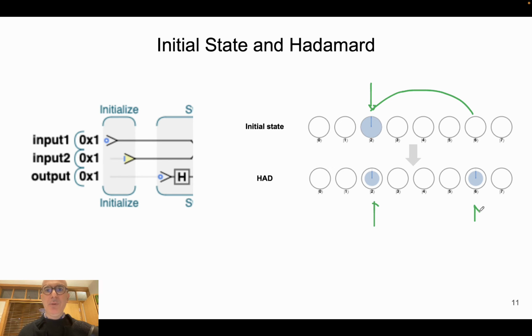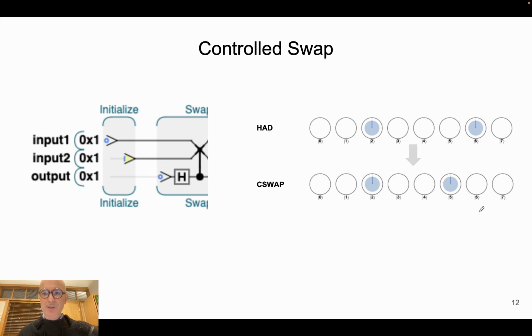After the Hadamard gate, we have a C-swap operation. In this case, the C-swap actually has a tangible effect, and you see that from state 6 we go to state 5, still a superposition of 2 and 5 after the C-swap operation.